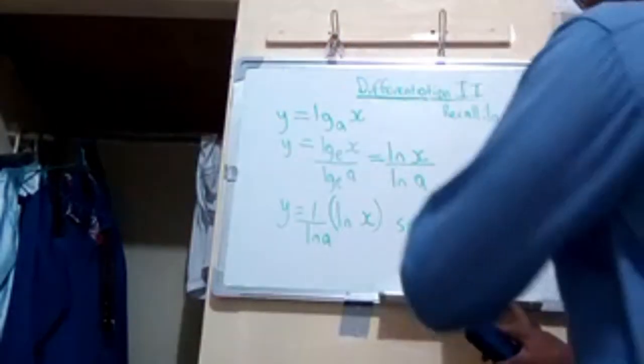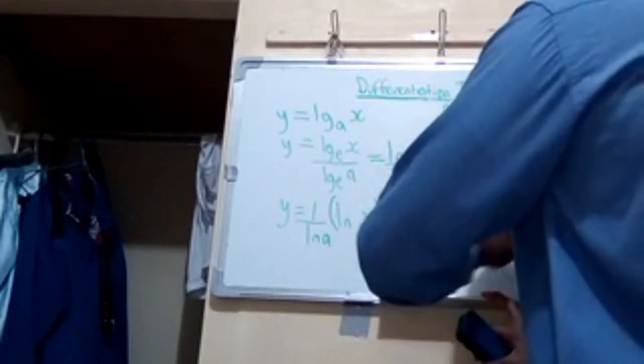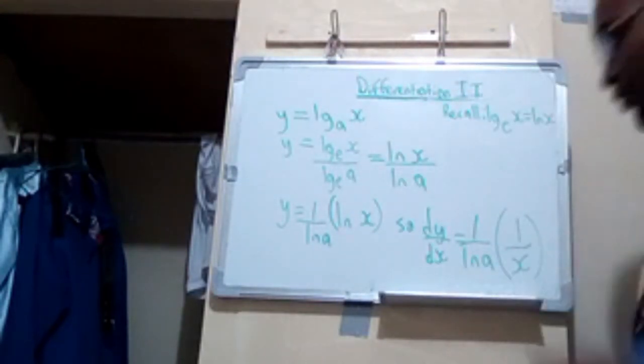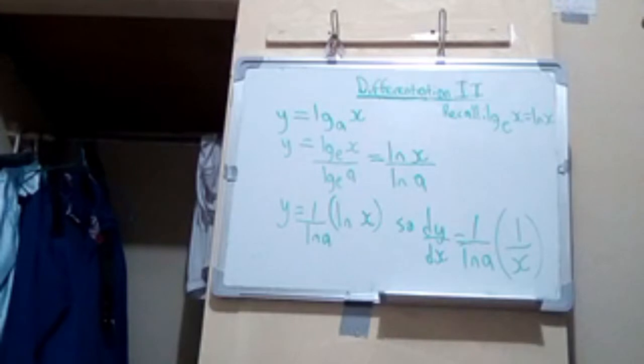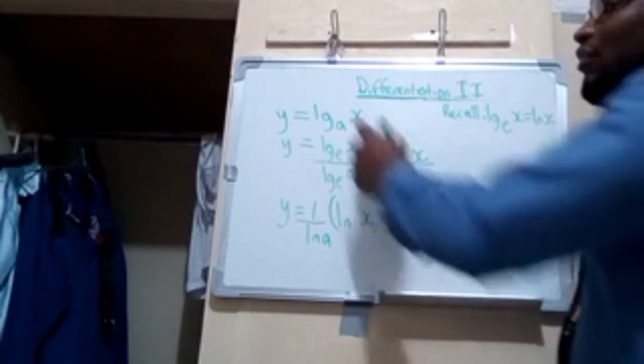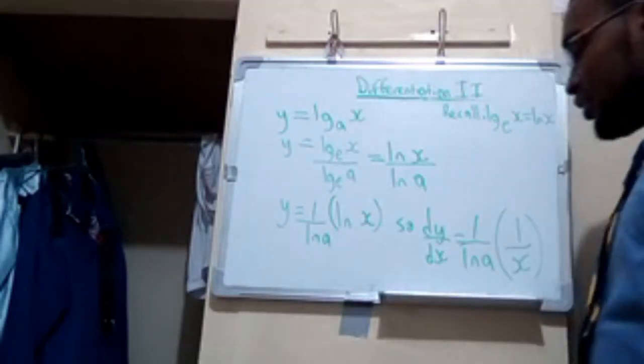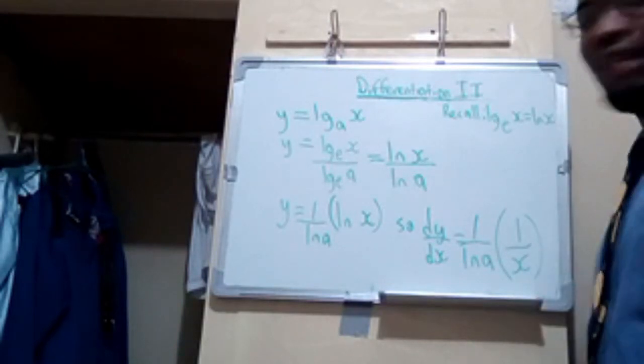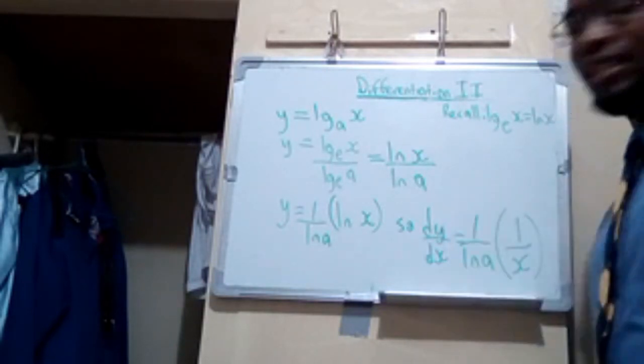And so dy by dx is equal to 1 over ln a times the derivative of ln x, which is 1 over x. And that's how we differentiate this. So the derivative of log to base a of x is 1 over ln a times 1 over x.